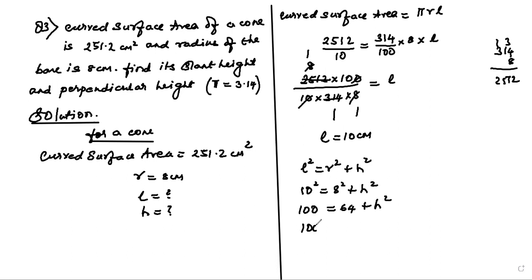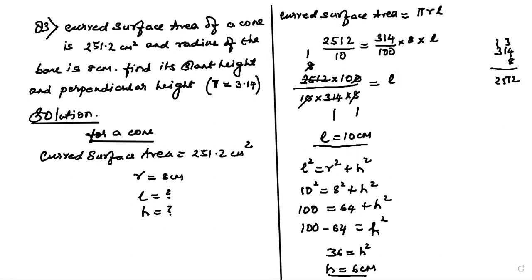So 64 goes on the other side, 100 minus 64 is equal to h square. So 36 equals h square. So h is equal to 6 centimeters. So you've got both the answers, children, slant height and perpendicular height. So very simple question, children.